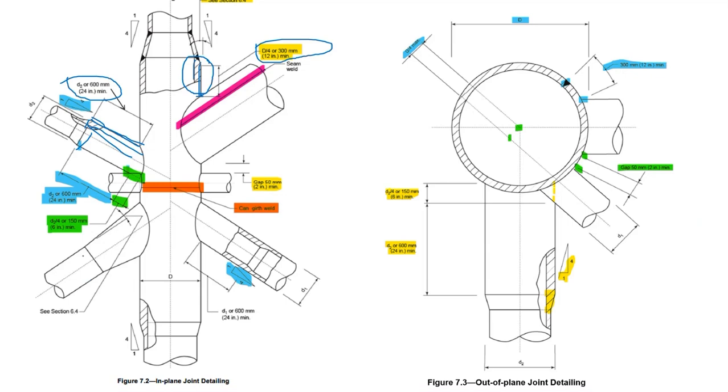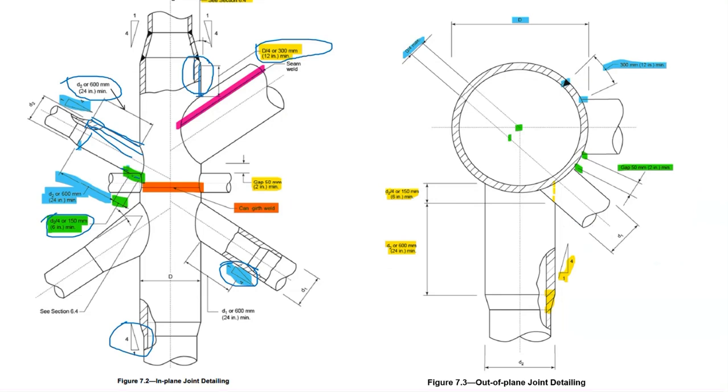Even if we have this kind of joint overlap, it should come a minimum of 150 mm overlap or d by 4. And whenever there is a change in thickness, the transition should be 1 in 4. Wherever there is a transition, 1 in 4 should come.